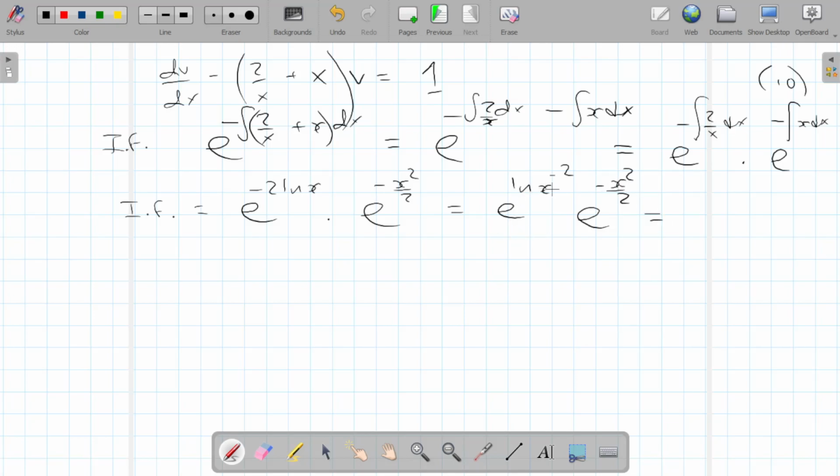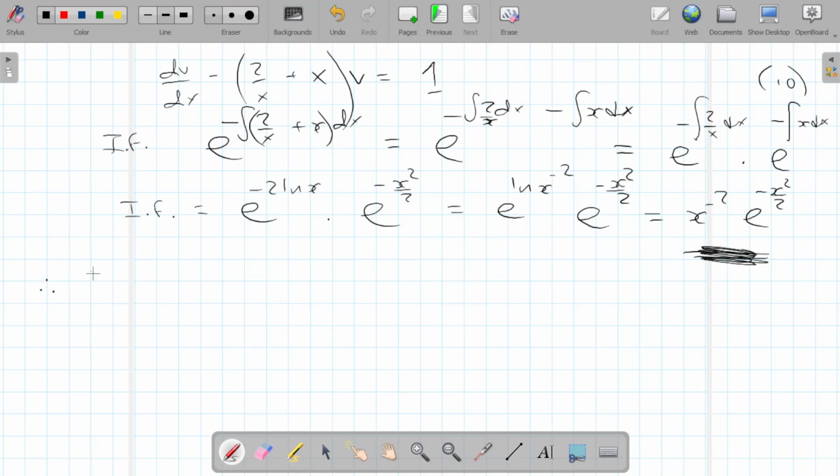And of course, as you might know from previous videos that I've done, e to the power of a log of a number just gives that number. So in this case, what we have here is x to the minus 2 times e to the minus x squared over 2. And this is our integrating factor.